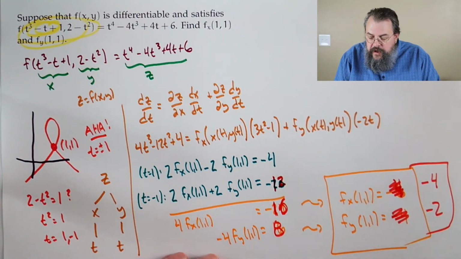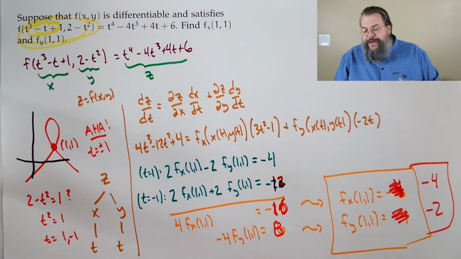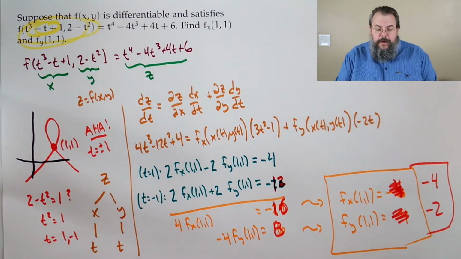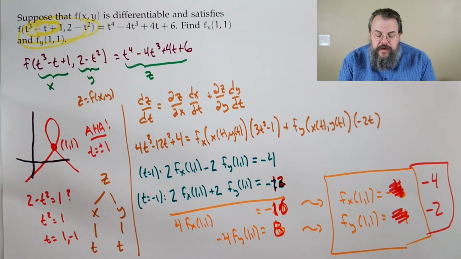Other than our silly algebra mistakes, which of course we make, it's not so bad. We play around with it and follow it through, and it comes out. I really love this problem.